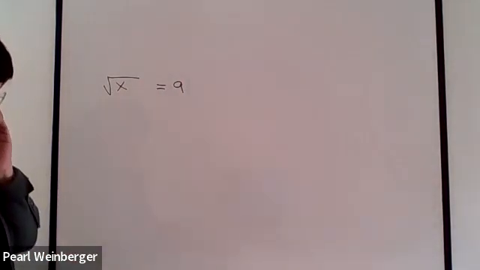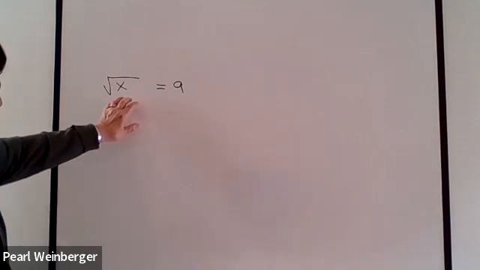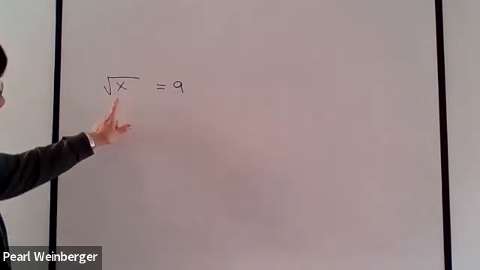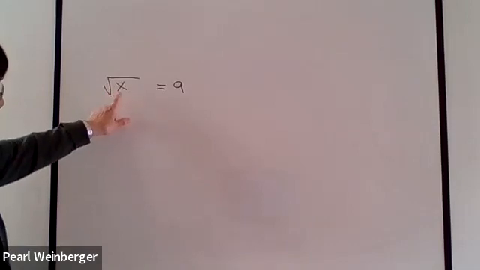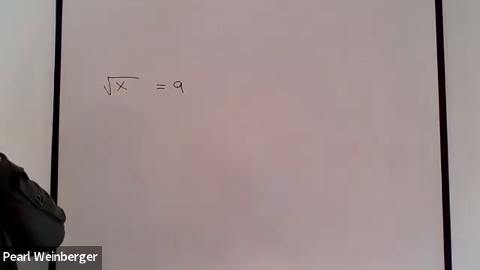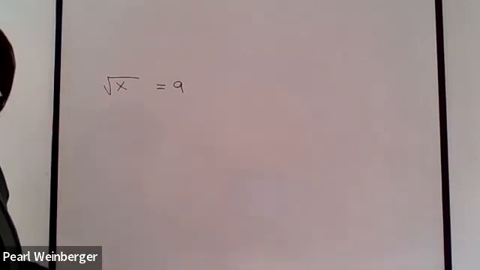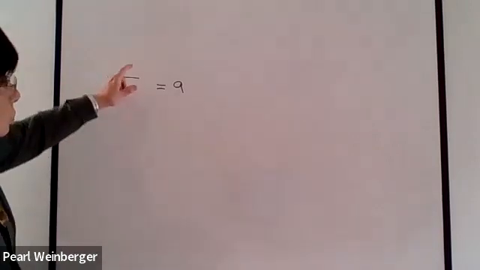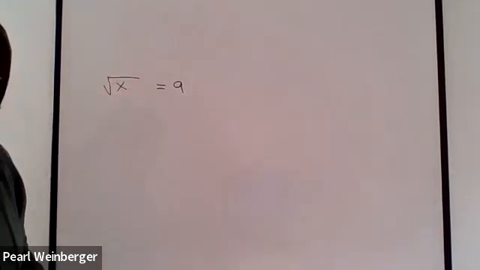So don't make the mistake of saying, oh, it should be 3. Because what we're doing here is we have a number that we're starting out with, which we don't know what it is. We're taking its square root, and the answer we're getting is 9.